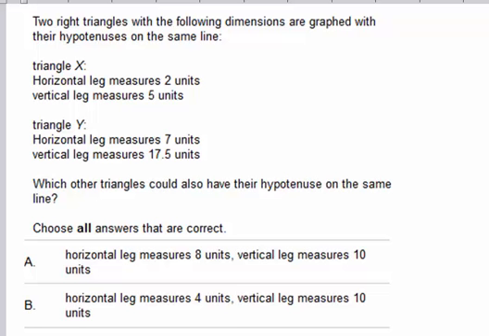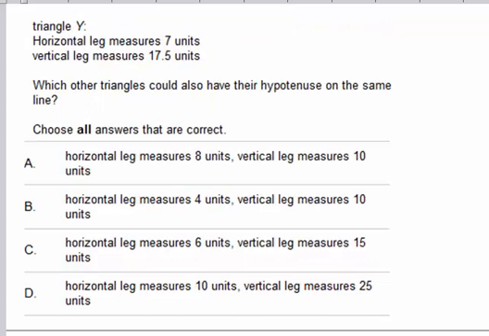So we need to look at our options and see which other ones give us a slope of 2.5. So the first one there, we can put 10 over 8. But that gives us 1 1/4, so that one cannot be on the same line. For B, we have 10 over 4, which does give us 2.5, so B is one of our answers.